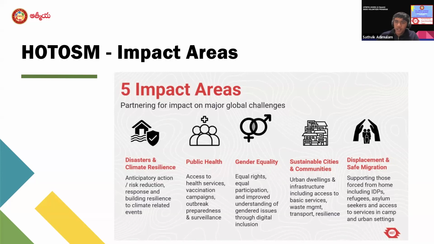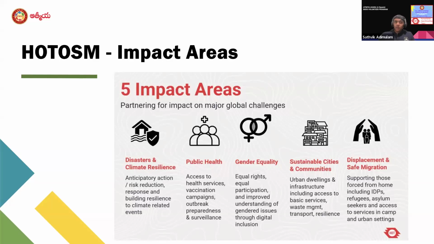The third impact area is gender equality. This means that no matter what race you are, no matter what sexuality, no matter what gender, you can always volunteer and make significant contributions to the world with open mapping. The fourth one is sustainable cities and communities. Your contributions will help create sustainable cities and communities. They can be more resilient and they can be there longer, become more effective, they can grow to become larger and support a bigger population.